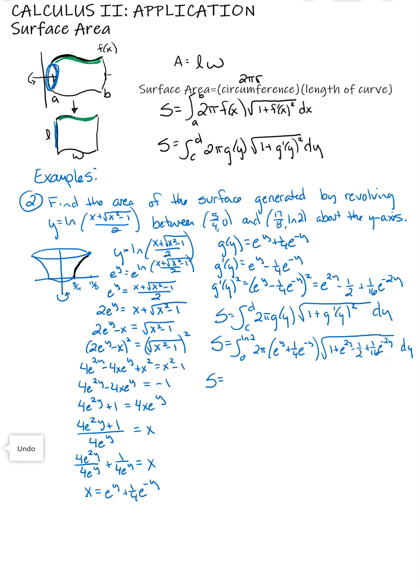First thing I want to do is let's go ahead and factor out this 2 pi just to make it a little easier. Now, inside the radical, I notice I can combine the 1 and the 1/2. So that gives me e to the 2y plus 1/2 plus 1/16 e to the negative 2y.